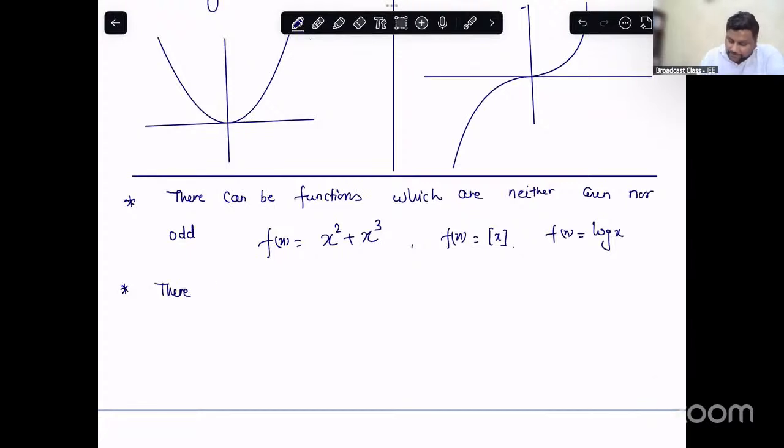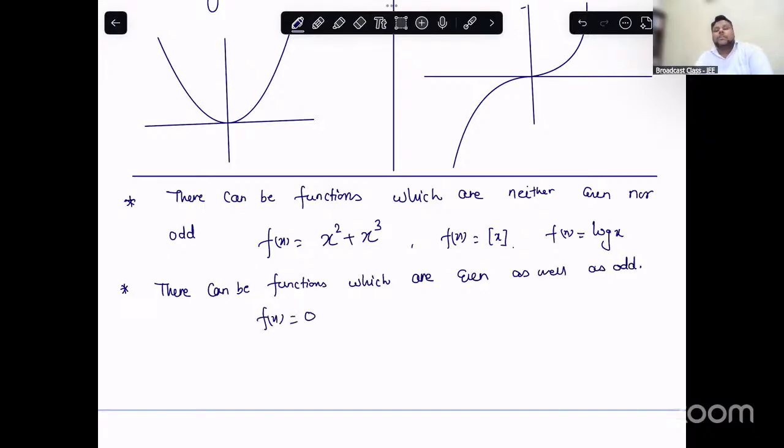Then there can be functions which are even as well as odd. For example, fx equals 0, the constant function fx equals 0.